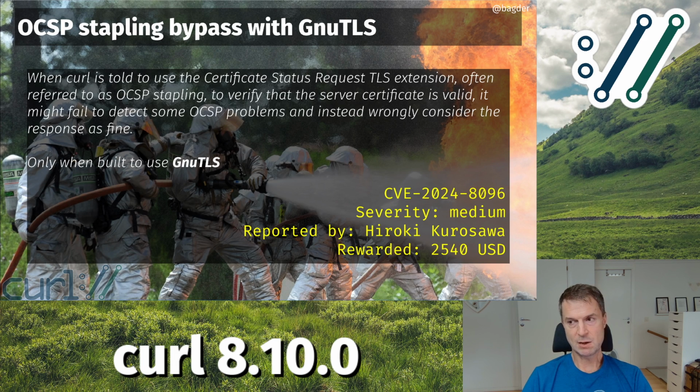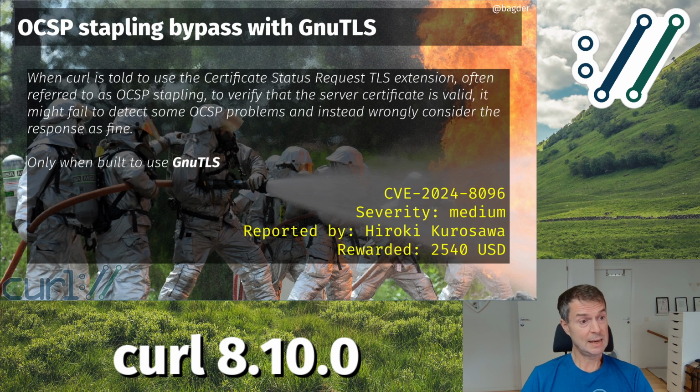It's a way for a client to ask the server to provide evidence that the certificate it provides has been okayed by the CA recently. Put simply, it's a digital timestamp that says it has been verified by the CA recently, so it's still fine. It hasn't been revoked recently.